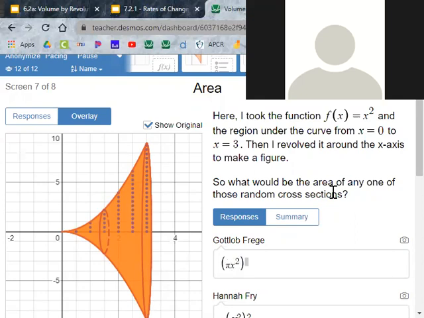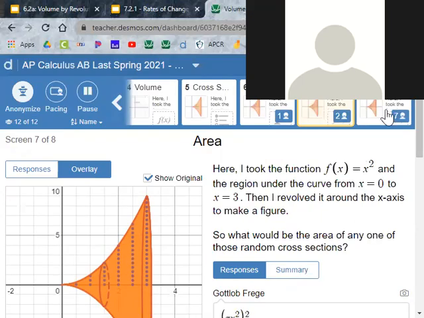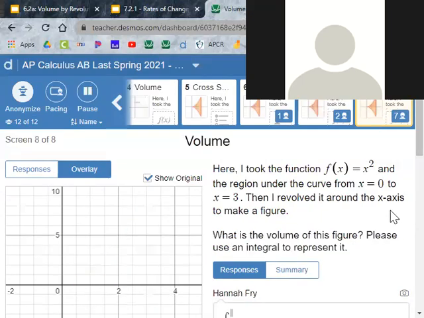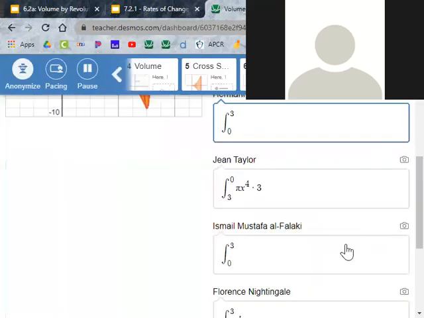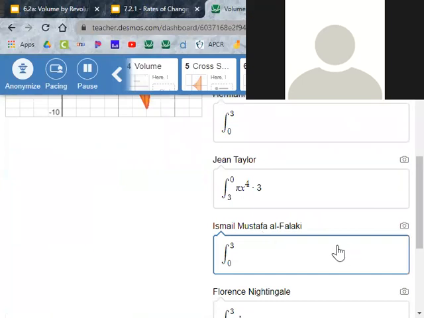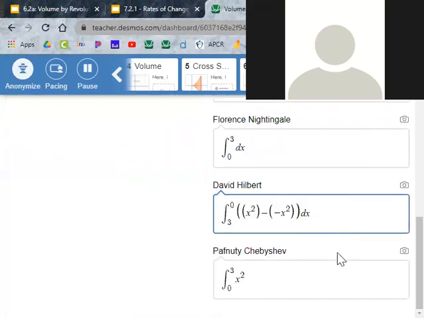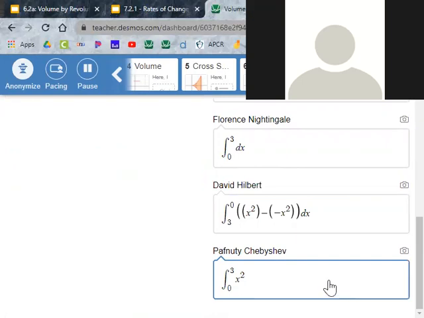So the difficult part here is, with the previous one, we had a consistent width, a height of the thing, and we do here as well. But the problem is the radius changes, and how do we account for that? And that's what the integral is going to help us with. So let's see what our responses are. Sweet. So looking at our responses, there's a lot of good things in here.